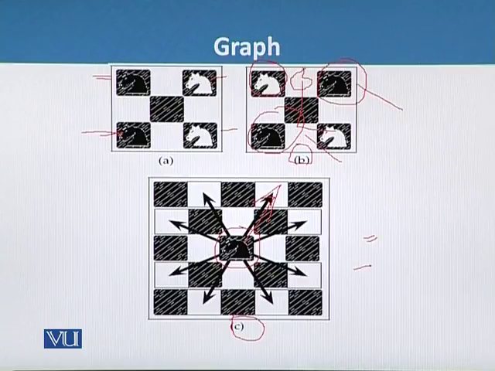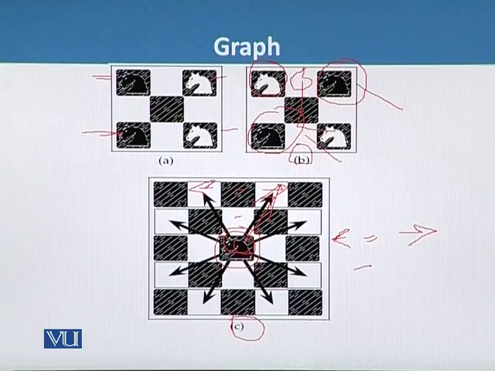Then after 2 blocks it can either move in the right direction or in the left direction. So this is the location of the black horse. It moves on the white one, then it has to move on the black for the second move, and then the move will end either on the right side or on the left side. So the arrows indicate that the black horse can move on these whites.